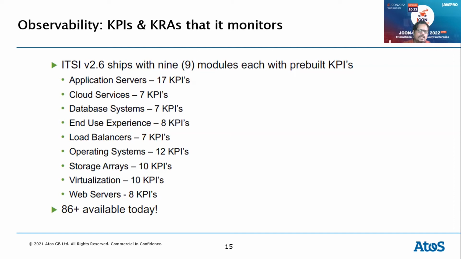If you want to look at the KRAs and KPIs for the metrics, you'll have 17 KRAs and KPIs for app services, about 7 for cloud services, 7 for database systems, and about 8 for end user experience. These are all out of the box. You just need to deploy them onto your observability stack, and they can start pumping those details into your data pipeline to get you insights and intelligence. So this is basically the metrics.